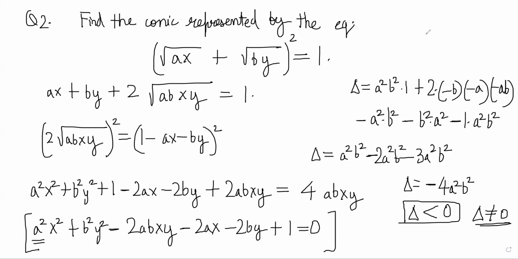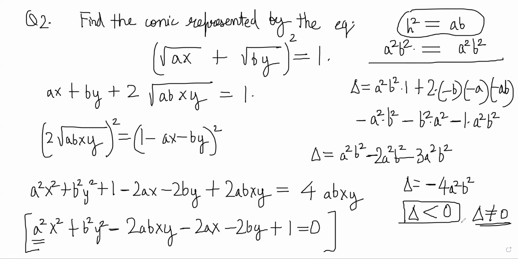And now let's check the value of h square and ab and compare them. H square was equal to a square b square, and AB was also a square b square. Both are equal. So you have h square is equal to AB, and this is a non-degenerate conic with h square equal to AB, which is a parabola.